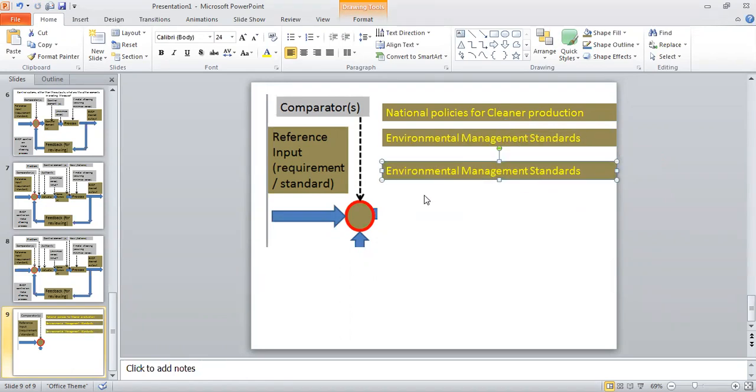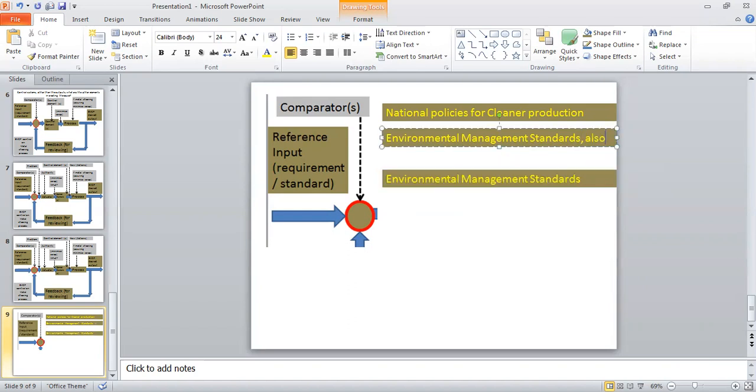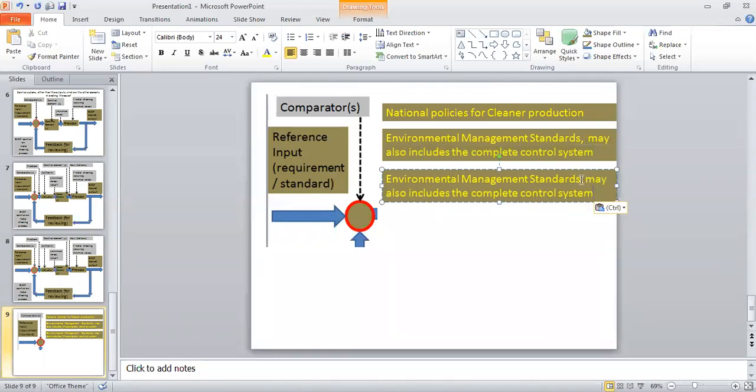And of course, when it comes to environmental management standards, this also includes the complete control system. Possible, may also include. But you can see standards are reference, management standards. So may also include some other control elements as well.